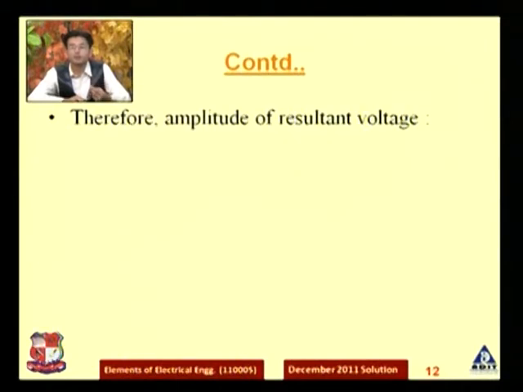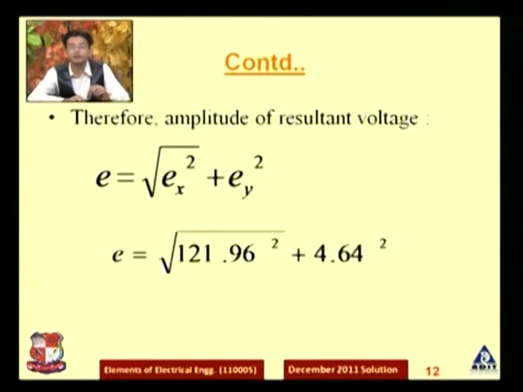To find the amplitude of the resultant voltage, you can apply the equation E equals the square root of Ex squared plus Ey squared. Ex is 121.96, and Ey is 4.64 volt. So by these two, you will get a resultant voltage equal to 122 volt.